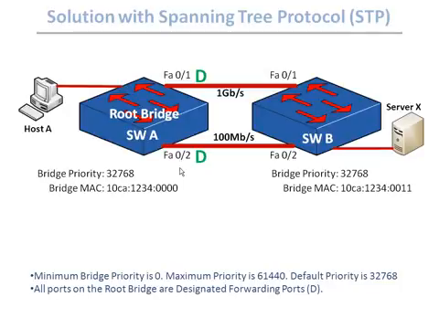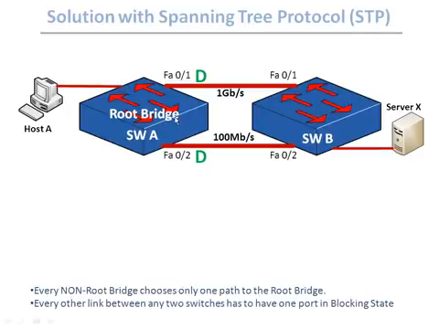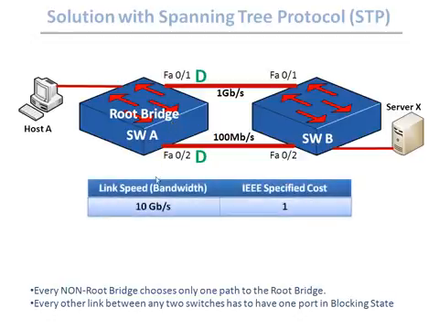Well, after we select the root bridge, every non-root bridge is set to select a single path to the root bridge and then block every other path. The path to the root bridge is selected by what we know as cost, and the lowest cost wins. The cost is basically a value associated with the bandwidth of the interface.